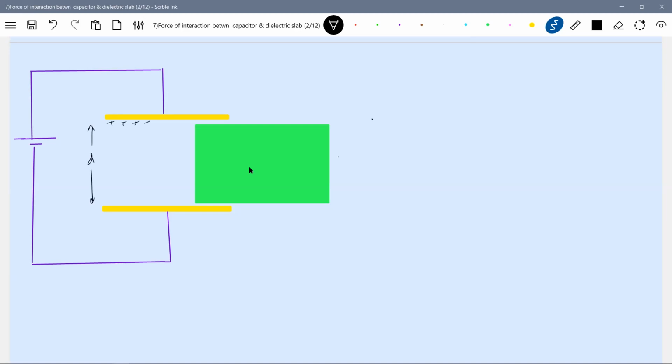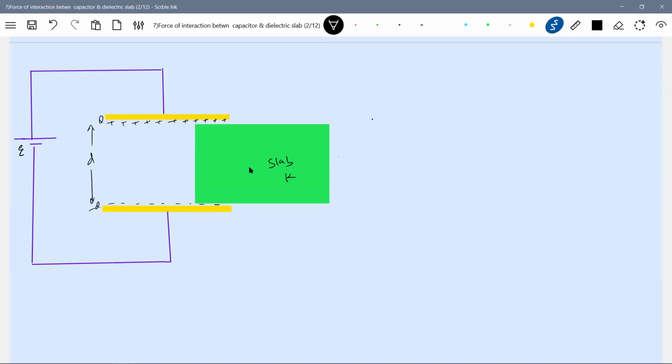Already the capacitor is charged. It is having a charge plus Q. This is a slab of dielectric constant K, that epsilon r we will call K. And this is the EMF of the cell. And the length of the plates equals L. It's a square plate.